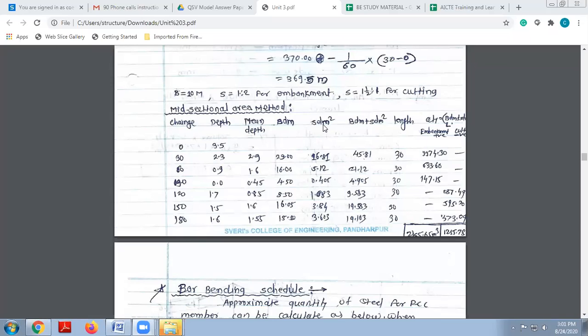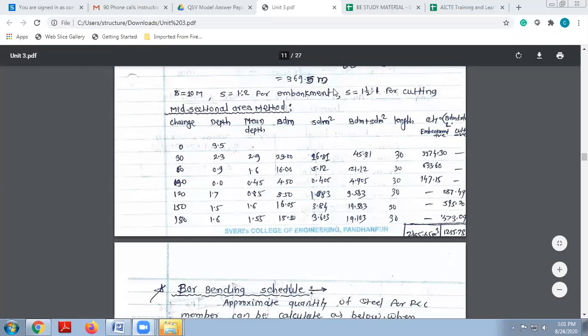If you have any doubt, you can put it in the chat box. Else, I am going to conclude this session.